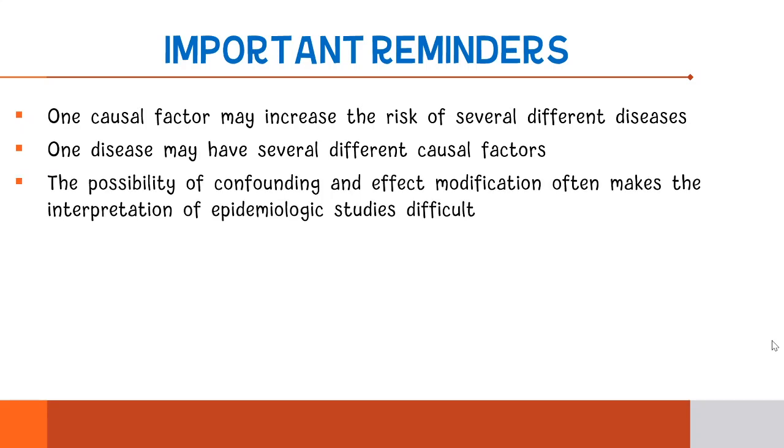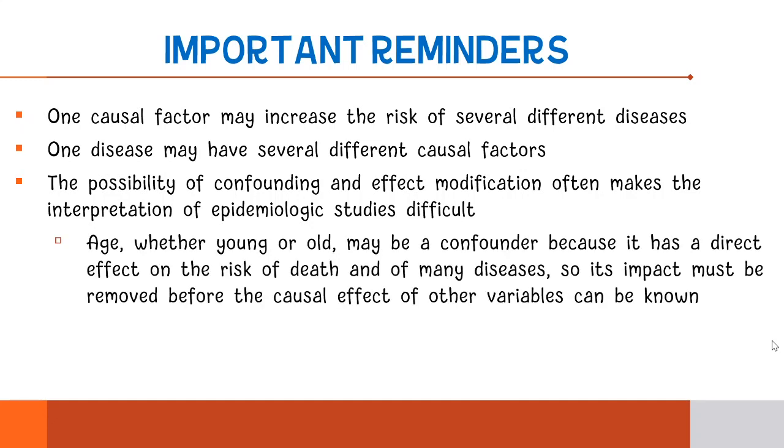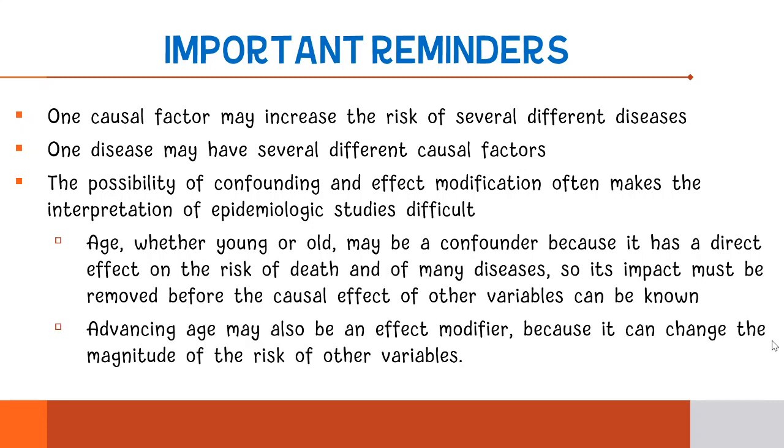Now, the possibility of confounding and effect modification often makes the interpretation of epidemiologic studies difficult. Age, whether young or old, may be a confounder because it has a direct effect on the risk of death and of many diseases, so its impact must be removed before the causal effect of other variables can be known. Advancing age may also be an effect modifier because it can change the magnitude of the risk of other variables.